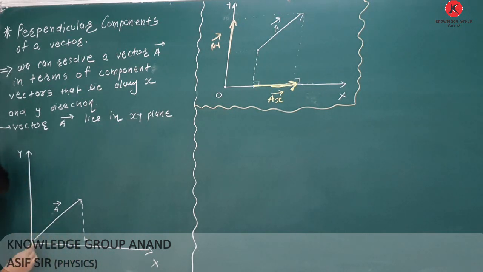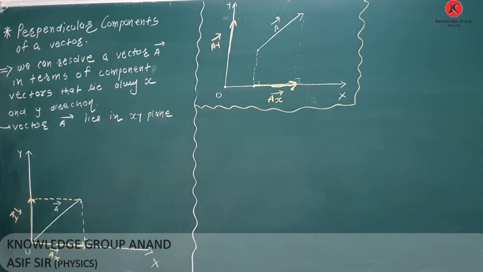Okay, so it is x component of vector, that is ax. Clear about this? Okay. Similarly, draw perpendicular from head of vector A on y-axis. So it is y component of vector A, ay. Vector A, ax, x component, ay, y component.